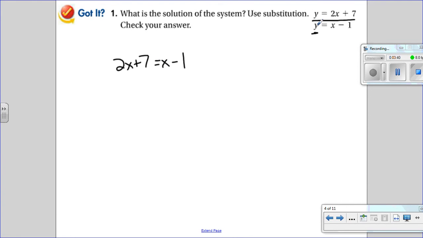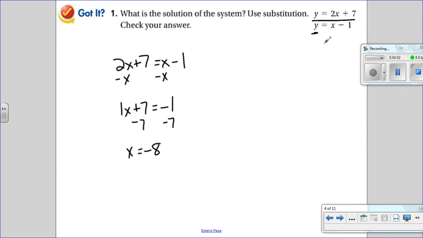Solve for x, so I'm going to subtract an x. That leaves me with 1x plus 7 equals negative 1. Subtract 7. I get x equals negative 8.